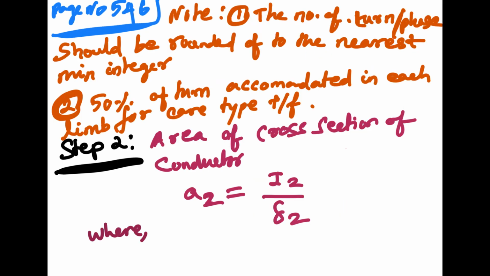Note: first, the number of turns per phase should be rounded off to the nearest minimum integer. Second, 50% of turns are accommodated at each limb for a core type transformer.